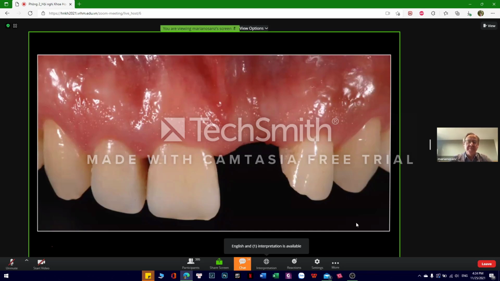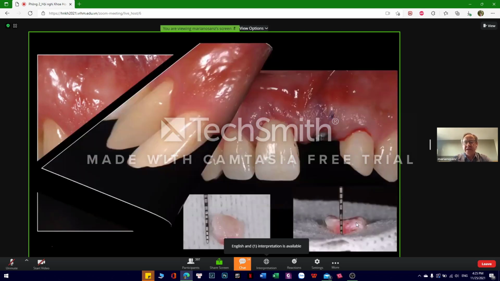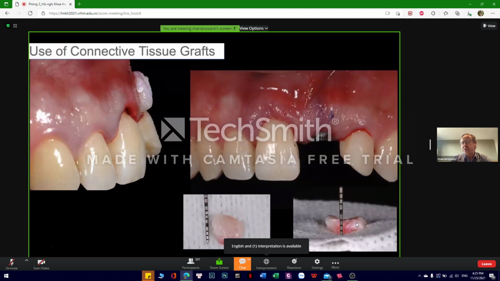And this may cause an aesthetic outlook when the patient smiles, because the patient will have basically a shadow that will be reflected in the loss of the contour.